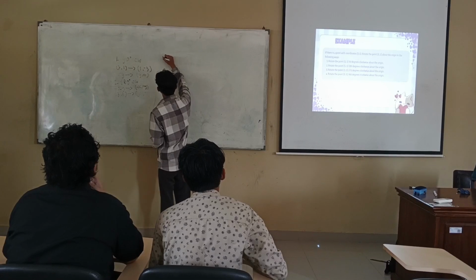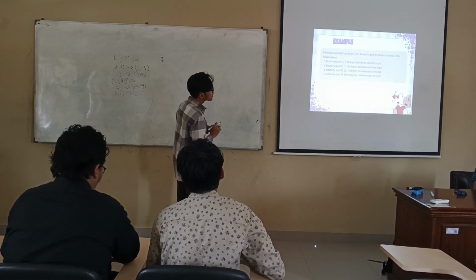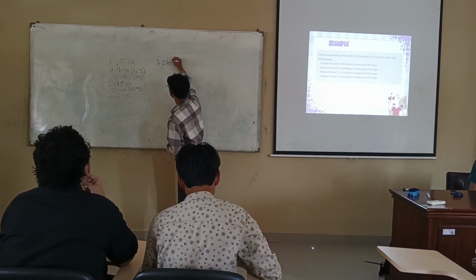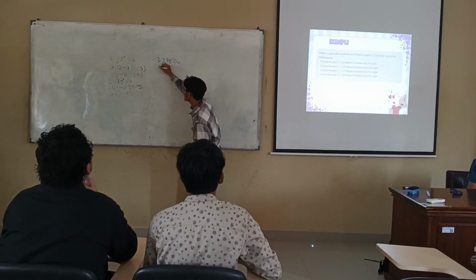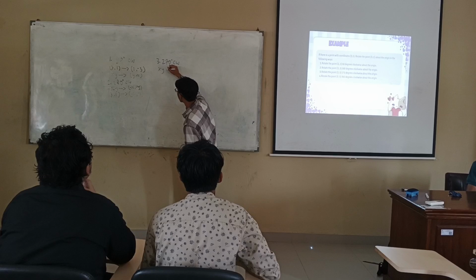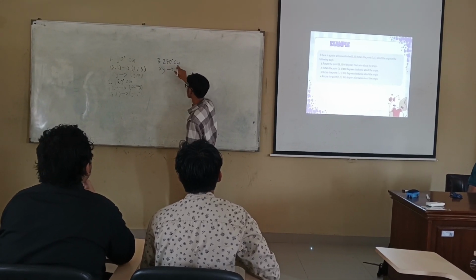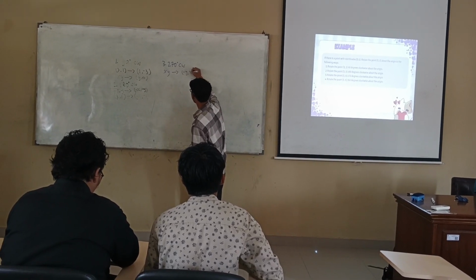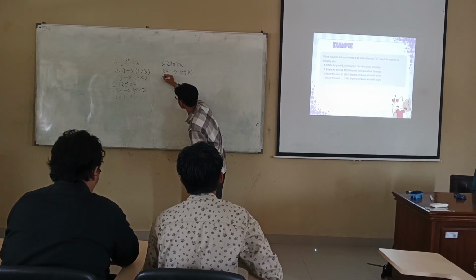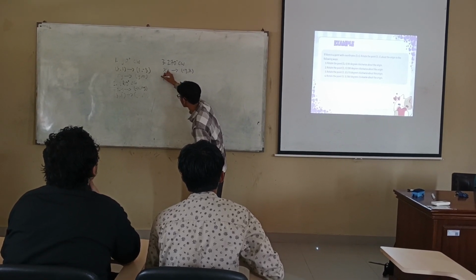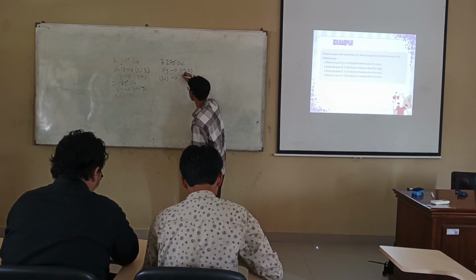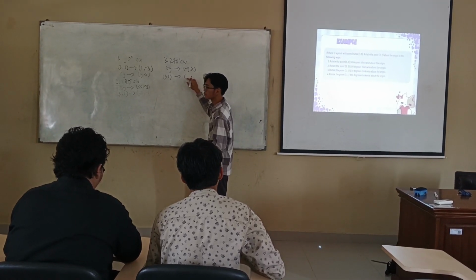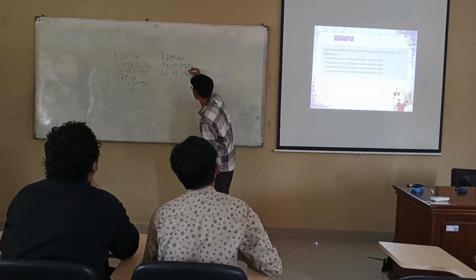Number 3, 270 degrees clockwise. If we have x, y and we rotate 270 degrees clockwise, it will become minus y and x. Now the point is 3, 1 and we rotate 270 degrees, it will become minus 1 and 3. Good job.